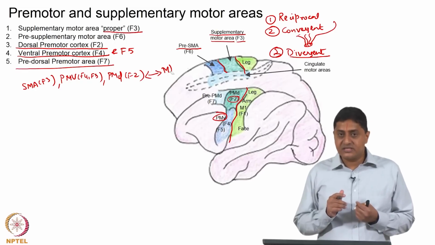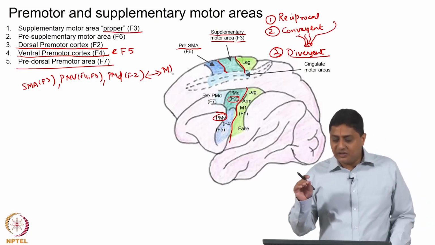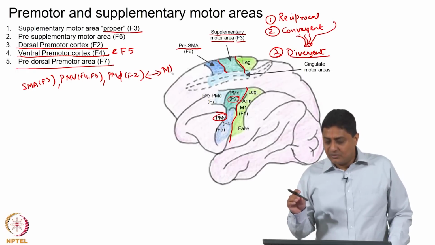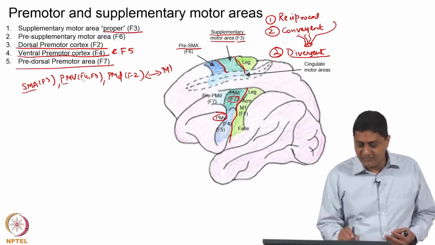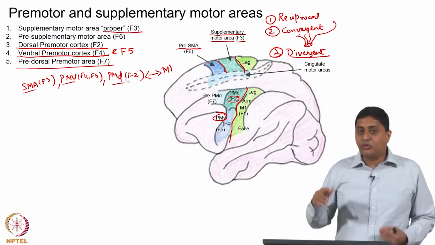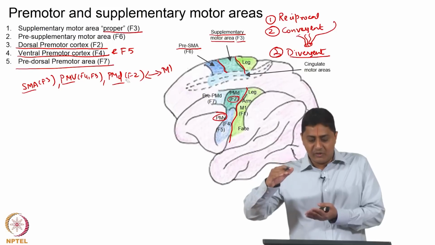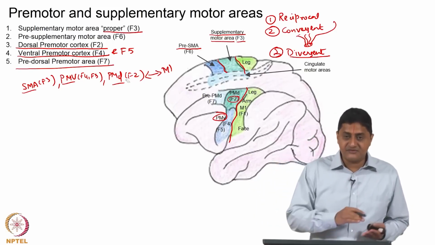Somatotopically organized means regions that correspond to a particular part of the body project to a particular part of the SMA or PMV or PMD. So, this somatotopic organization with projections with primary motor cortex is maintained with the ventral premotor cortex, with the dorsal premotor cortex, with the supplementary motor area.